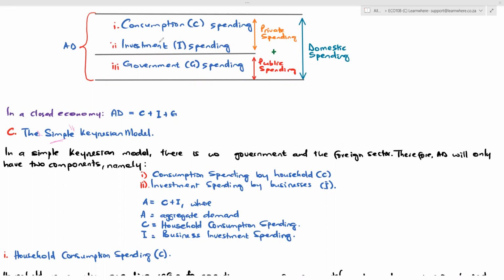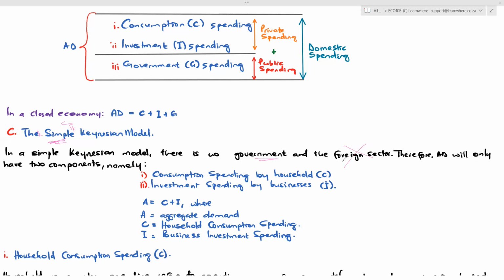Okay, so I said this aggregate demand basically represents the economy, what is happening within an economy. So in a simple Keynesian model, remember, we're also looking at the closed economy. But this closed economy is also the simplest economy. And we're saying that in a simple Keynesian model, in this simple economy, there is no government and no foreign sector. The economy is closed, there's no foreign sector.